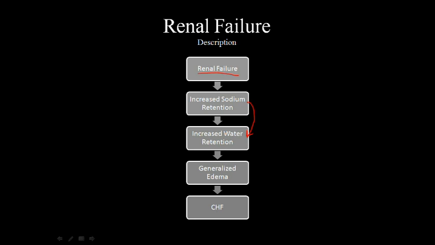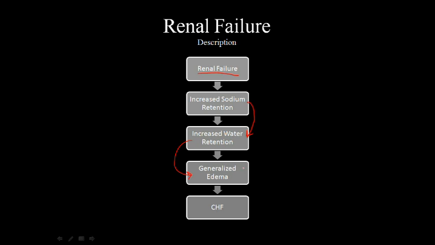So you retain more water, and this retention pretty much dilutes what the sodium has done, or dilutes the sodium concentrations to a normal level, and will then cause generalized edema, meaning that water or blood is backing up. You're not able to excrete it because you're trying to balance the levels out.